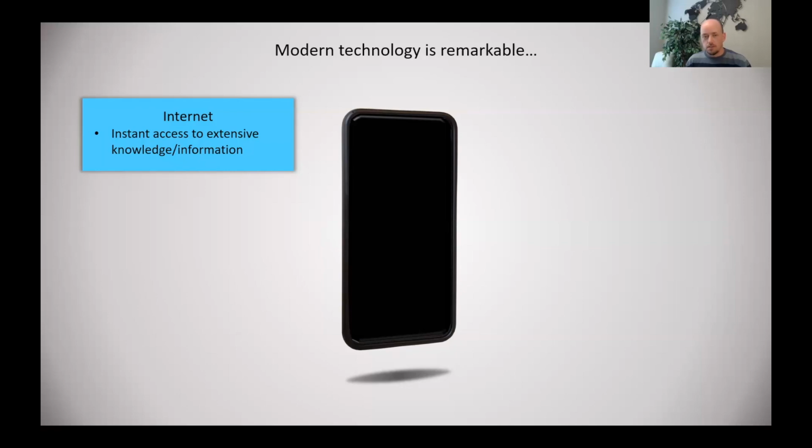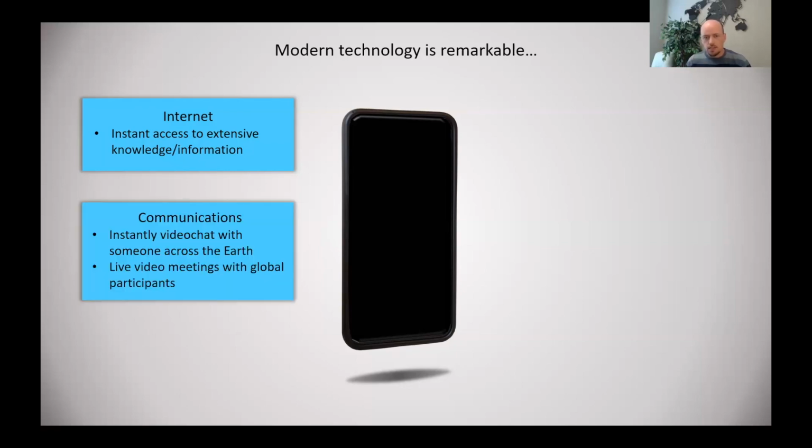There's so much information to be quickly looked up, and of course it allows us to communicate at unprecedented levels, right? We can instantly video chat with anyone around the globe, or have live meetings such as this, where we're all sharing video together and interacting almost seamlessly as if we were in the same room.